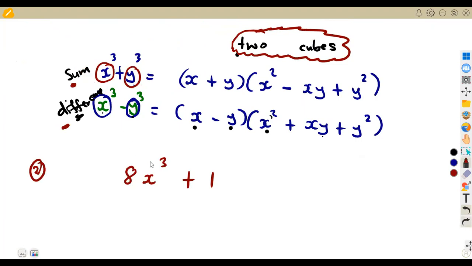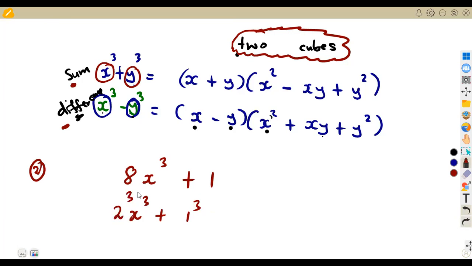So you're supposed to have the first term to the exponent of 3. So this 8, can we write it as a number to the exponent of 3? 8 is the same as 2 to the exponent of 3. So we have got x to the exponent of 3, 1 to the exponent of 3. So everything is being raised to the exponent of 3. So it means it's truly a sum of 2 cubes.